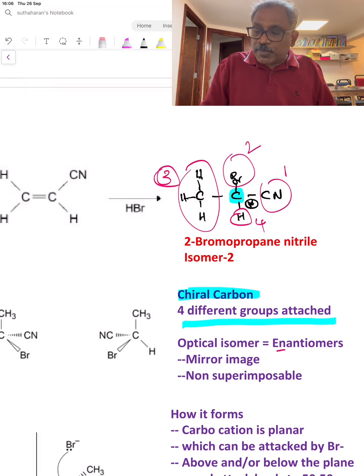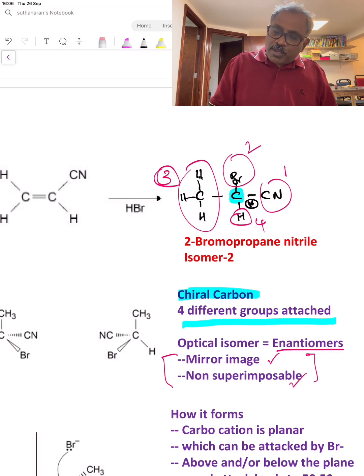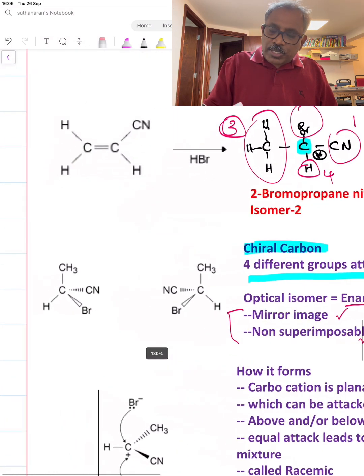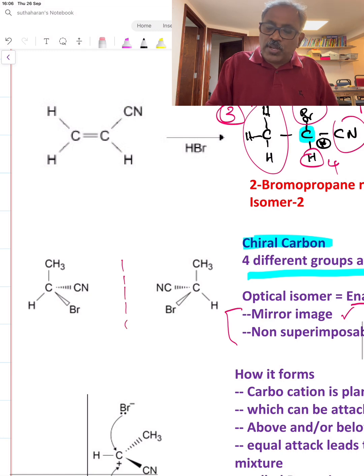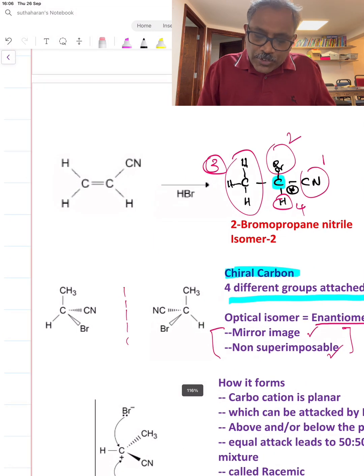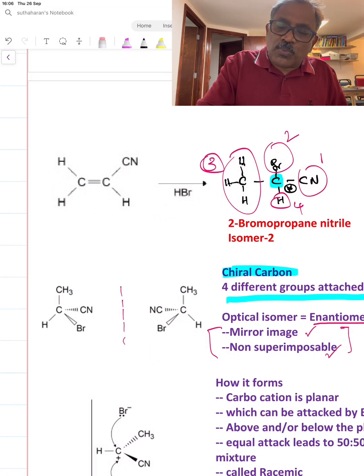Another word for optical isomer is enantiomer. When you explain what an optical isomer is, they are mirror images of each other and non-superimposable. So simply that. This is still your 2-bromopropanenitrile. That's your enantiomer 1.